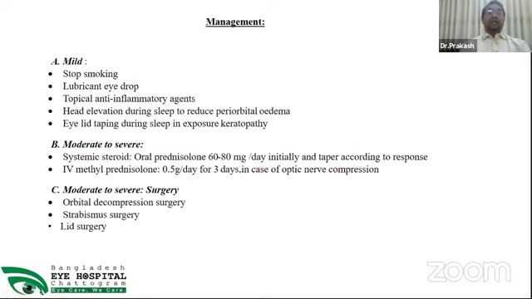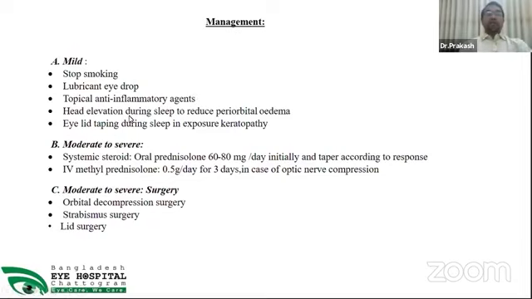The management is, though it is not our concern, but you have to know, in case of mild disease, the most important thing is, if the patient is a smoker, the smoking should be stopped. And some artificial tears, eye drops, lubricants are helpful, and topical anti-inflammatory agents if there is inflammation.